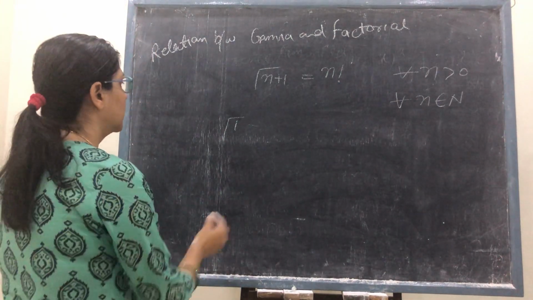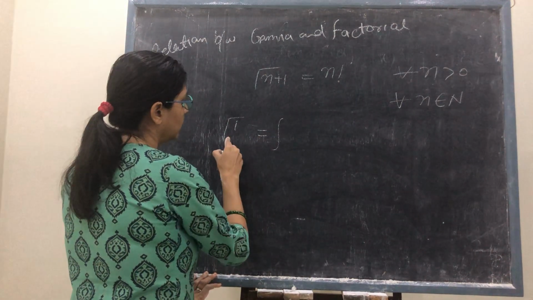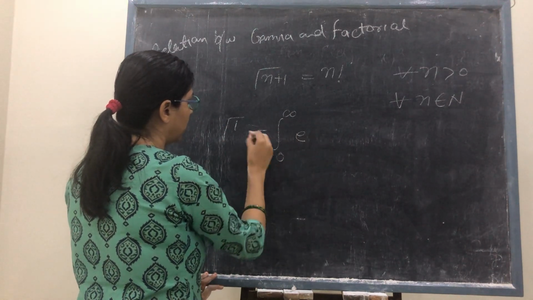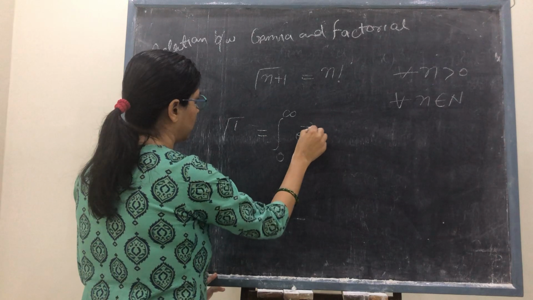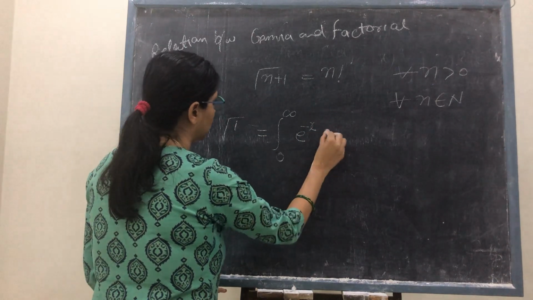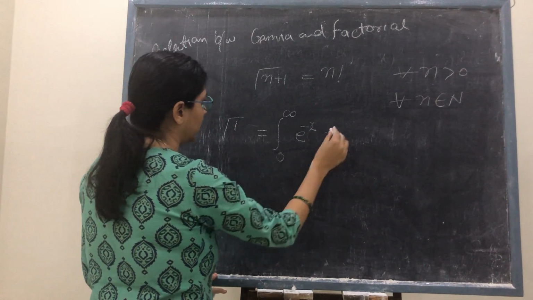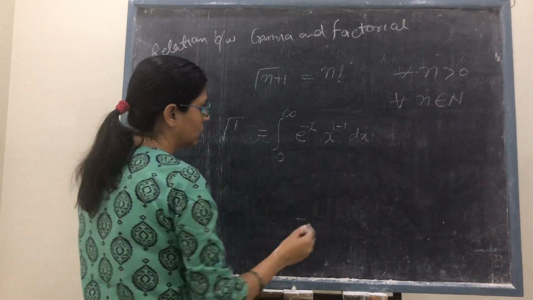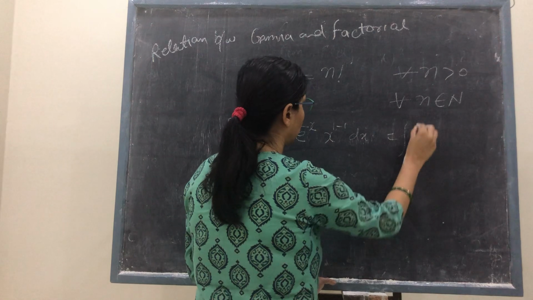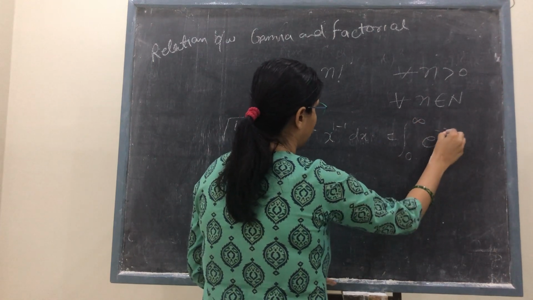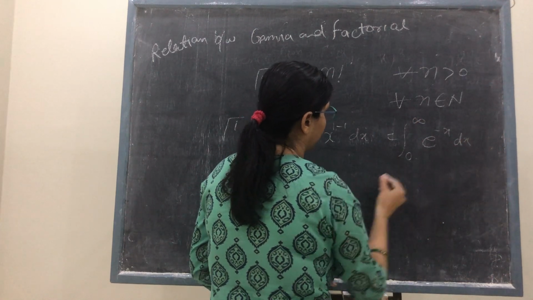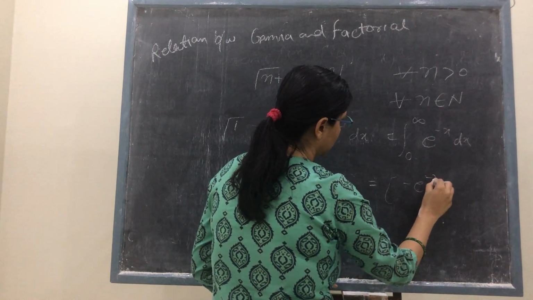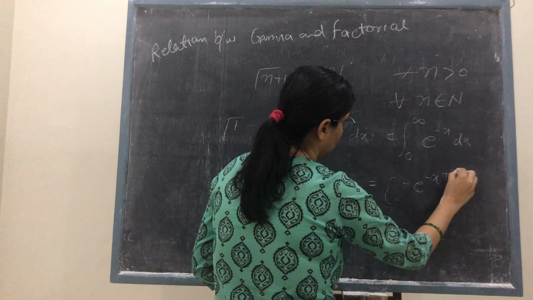Gamma of 1. Applying the definition of gamma n, it is 0 to infinity e raised to the power minus x, x raised to the power n minus 1, where n is 1, so 1 minus 1, dx. We can say this is 0 to infinity e raised to the power minus x dx. Solving it, we get minus e raised to the power minus x from 0 to infinity.